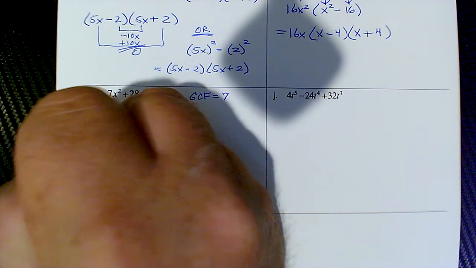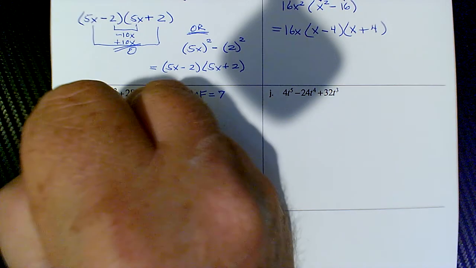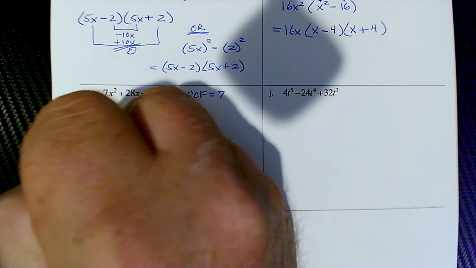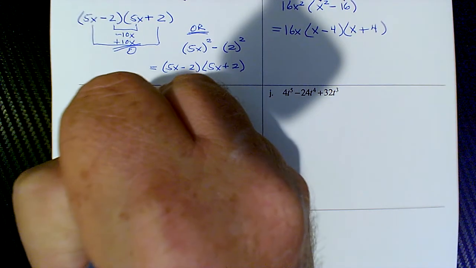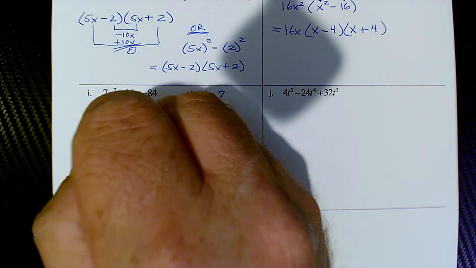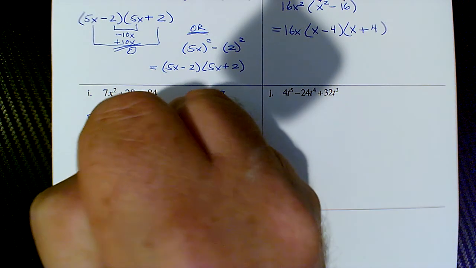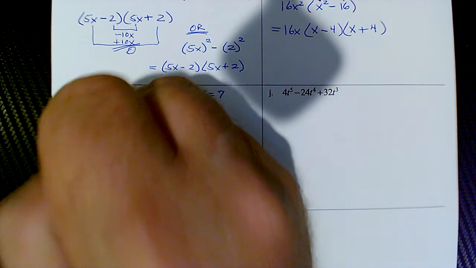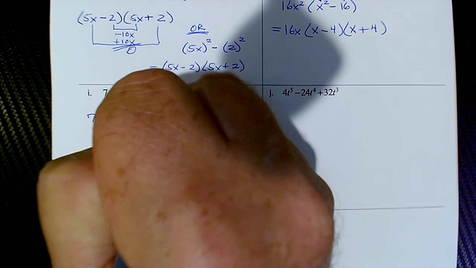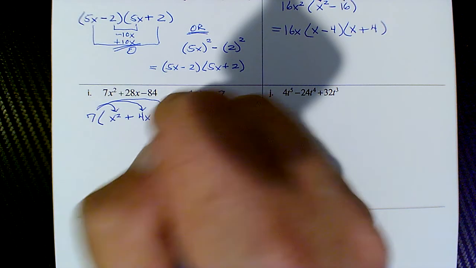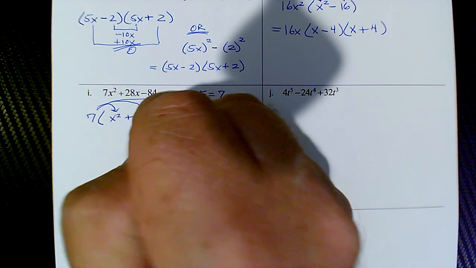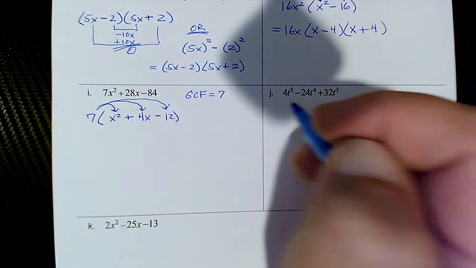So reversing the distributive property, to get 7x squared, we need an x squared for the first term. You can write down the plus to get 28x. We need 7 times 4 is 28, so 4x. And to get negative 84, we could write down the negative. Use your calculator if you need to. 7 times 12 is 84.